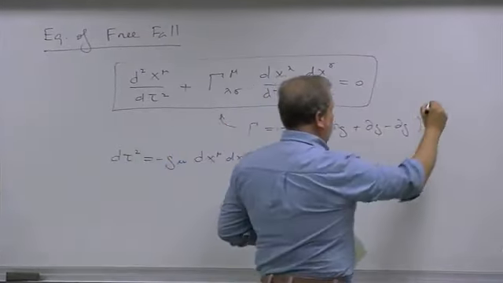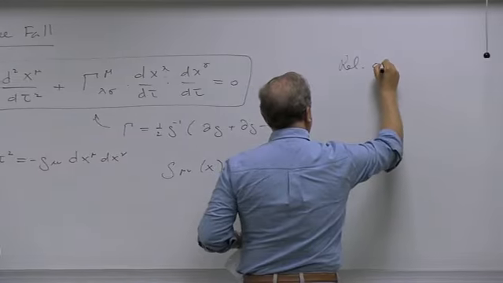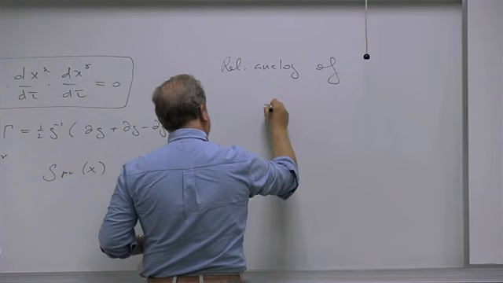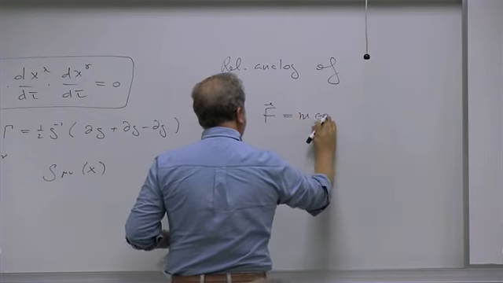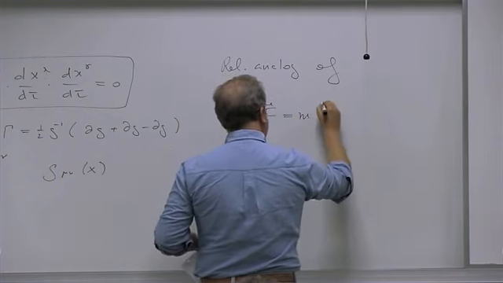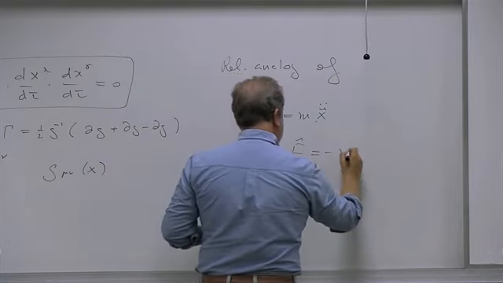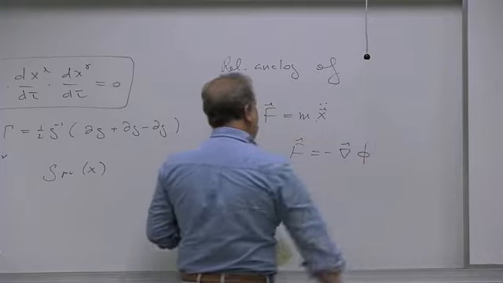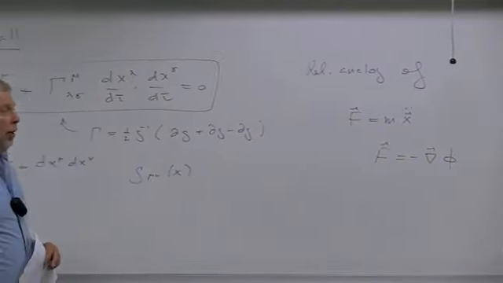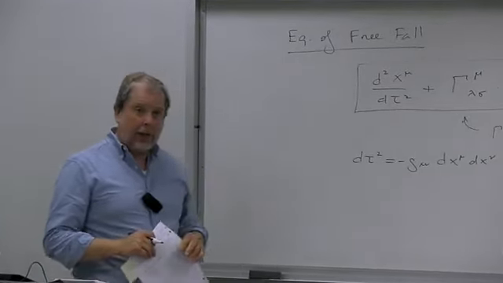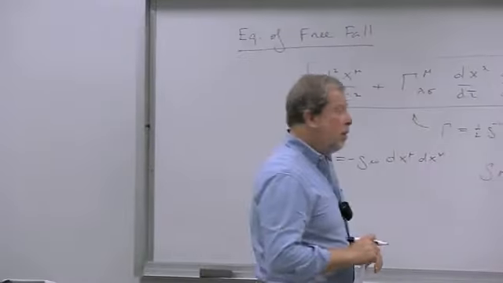So this is the relativistic version of F equal ma, or x double dot if you want, where F is minus the gradient of some gravitational potential. So this is the relativistic analog of that equation, and it is completely equivalent to it.